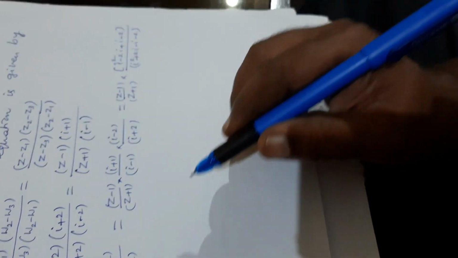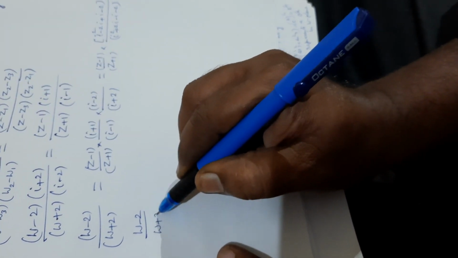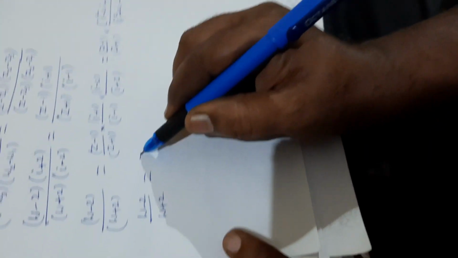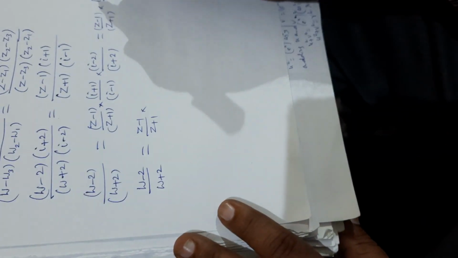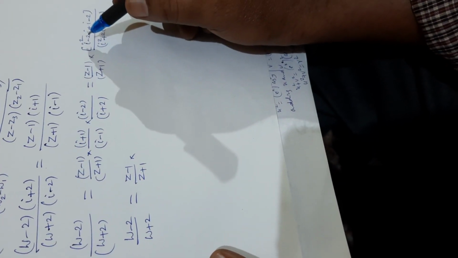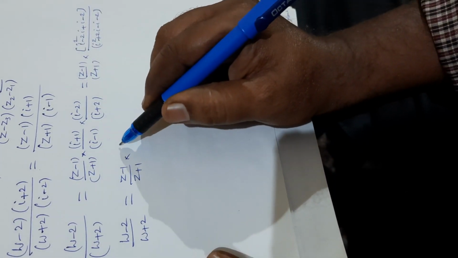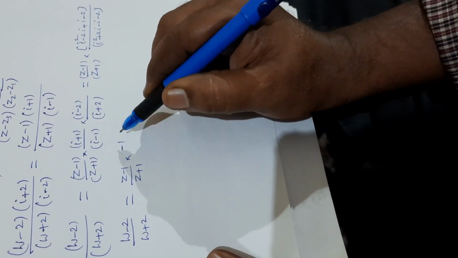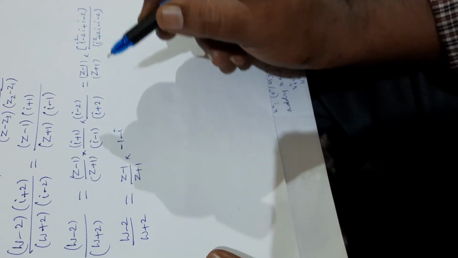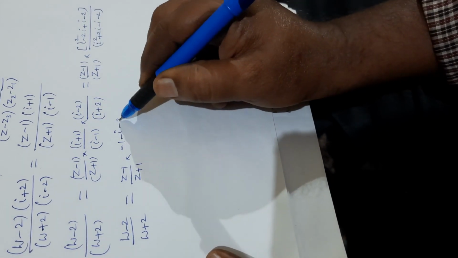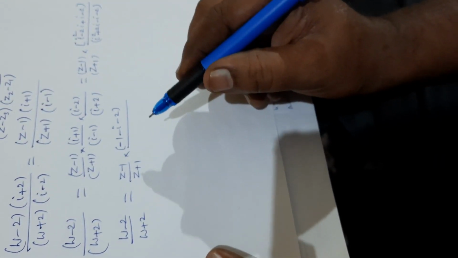So (w minus 2)/(w plus 2) equals (z minus 1)/(z plus 1) into, here, what is i squared? We know that in complex numbers, i squared is minus 1. So minus 1, minus 2i plus i, minus i, minus 2. Carefully simplify this.